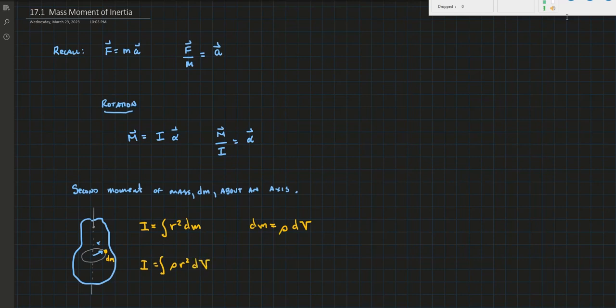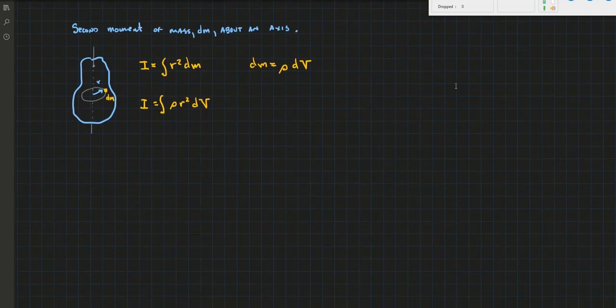And if rho is constant throughout the body, we can pull that out in front of the integral. So let's develop a relationship we want to use here. Let's look at solving a problem while we do that.